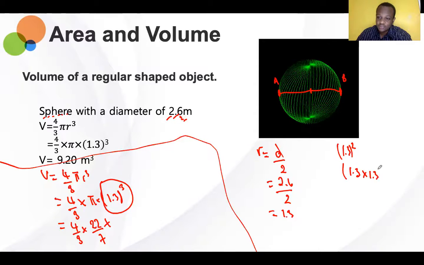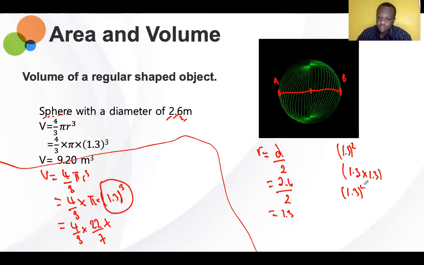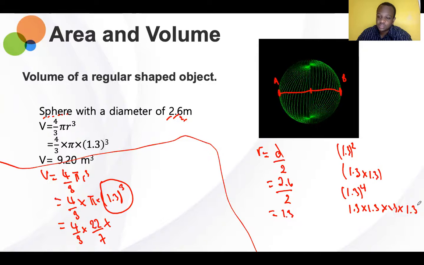Right. And if we had 1.3 to the 4, what would that be? 1.3 times 1.3 times 1.3 times 1.3. So it depends on our exponent, right?